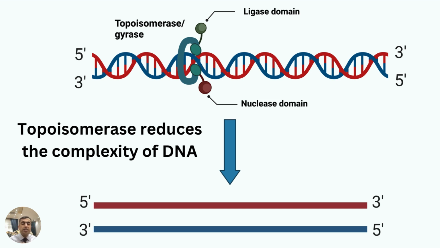Type 1 gyrase or topoisomerase breaks the DNA in only one strand, whereas type 2, which is present in human cells, is responsible for cutting double strands.